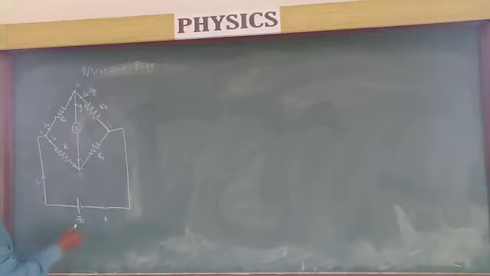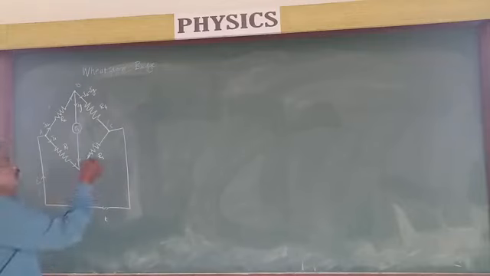So the current leaving the node, let us say I3, is the sum of these two, I1 and Ig. So the current through resistance R3 is I1 plus Ig.